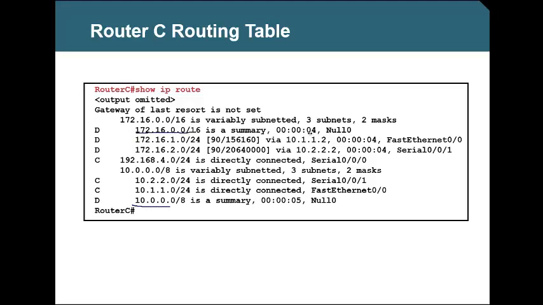With both auto summarization as well as manual summarization, only the summary routes will point towards the null interface, to prevent loops. It cannot point towards serial or FastEthernet. It should point towards a common interface. That's why it is picking the null interface. This is dynamically created in the routing table whenever we do summarization.